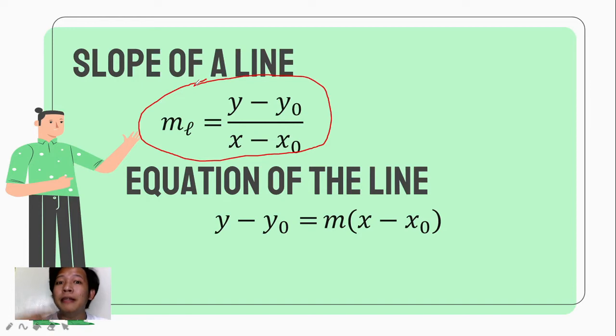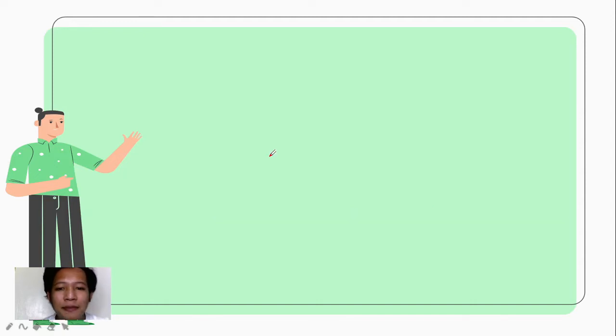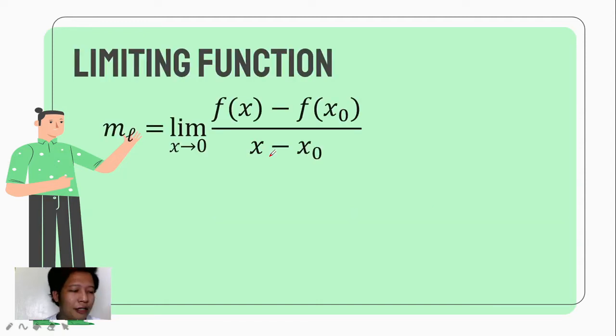Based on our formula of the slope, we can derive the limit, because this talks about the changes in the distance. Hence, the limiting function or the slope is equal to the limit of the function itself.